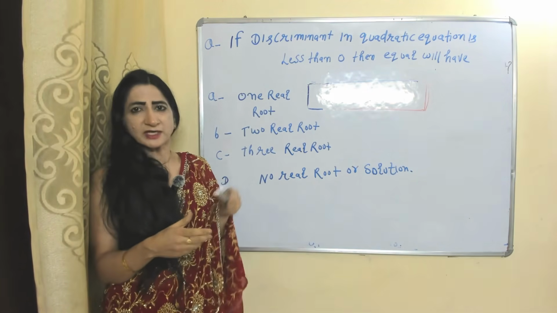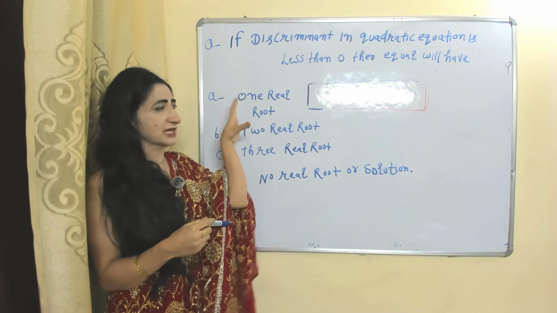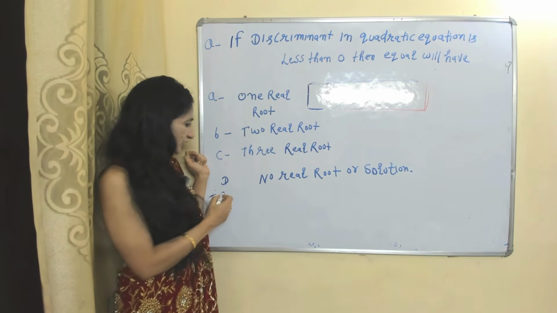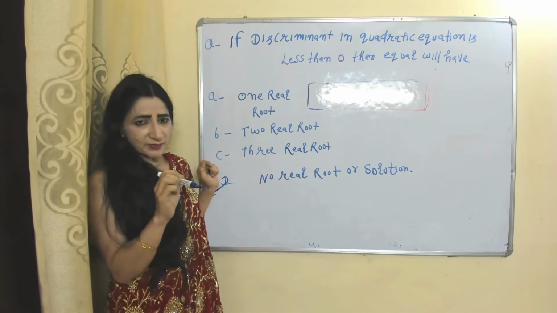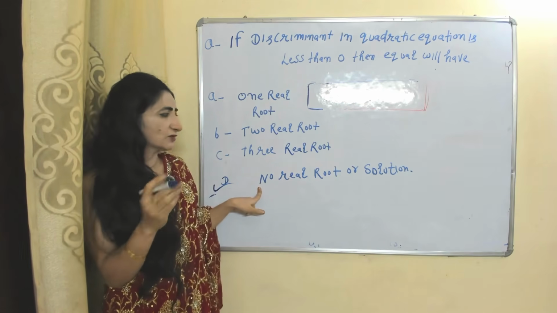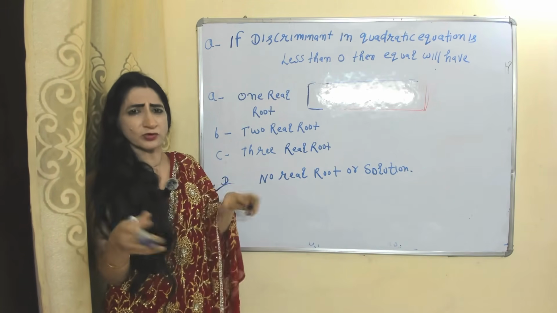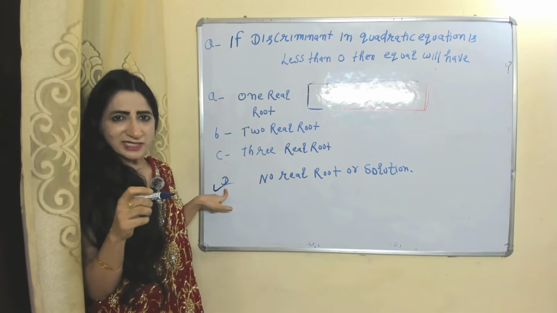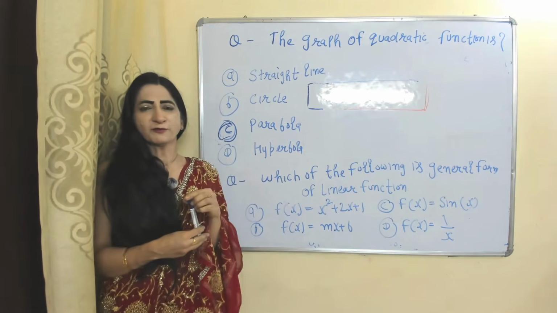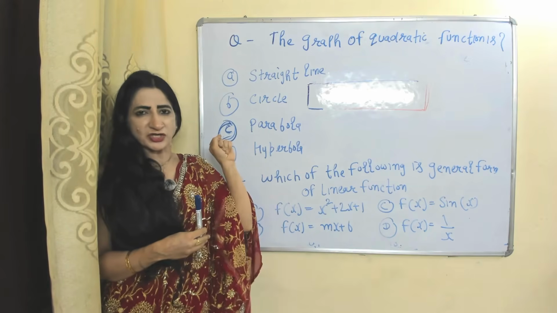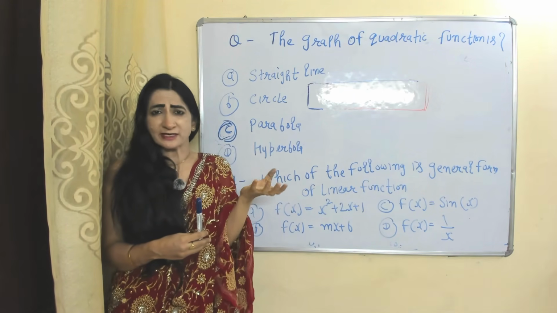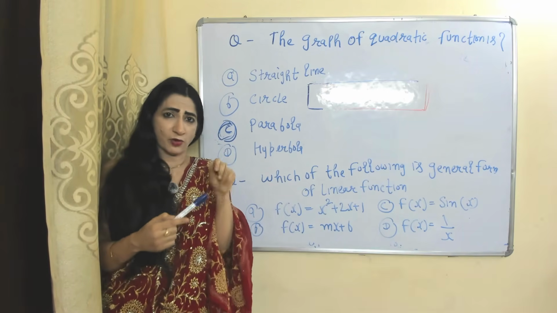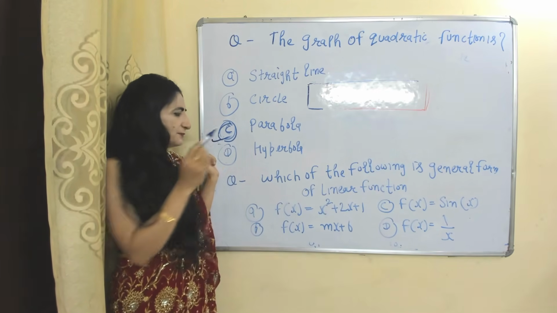If the discriminant in a quadratic equation is less than 0, then the equation will have... we have already discussed that when the discriminant is less than 0, we don't have any real root, or you can say we don't have any real solution. So our right option is D. The graph of a quadratic function is U shaped, which is known as a parabola. So our right option is C, parabola.